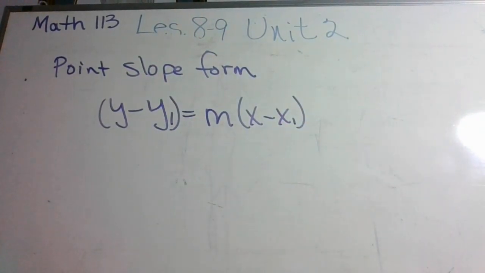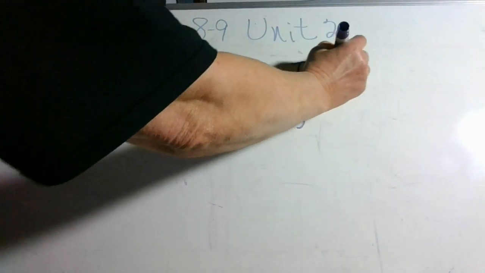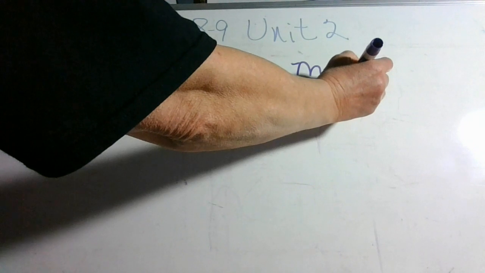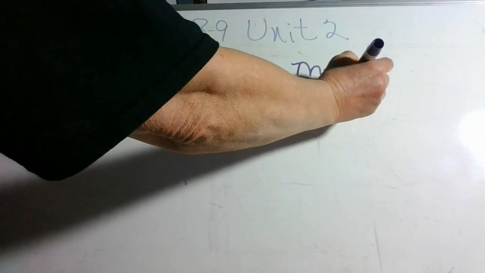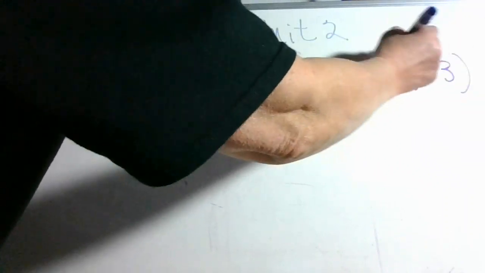And what you do is, if you know the slope and you know a point. So I'm going to tell you that the slope is equal to 2, and it passes through the point 2 and negative 3.